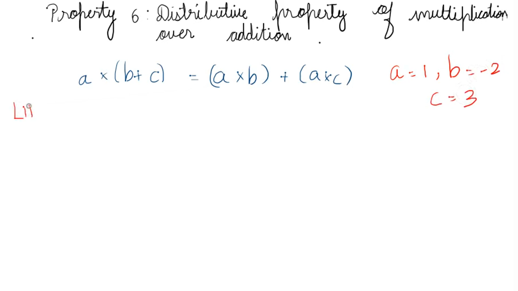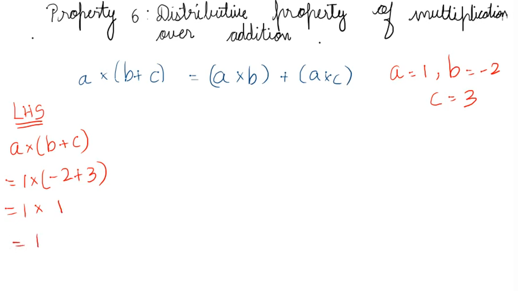First let us check our LHS. Our LHS is A into (B plus C), that is 1 into (-2 plus 3). So -2 plus 3 is 1, and 1 into 1 is 1.